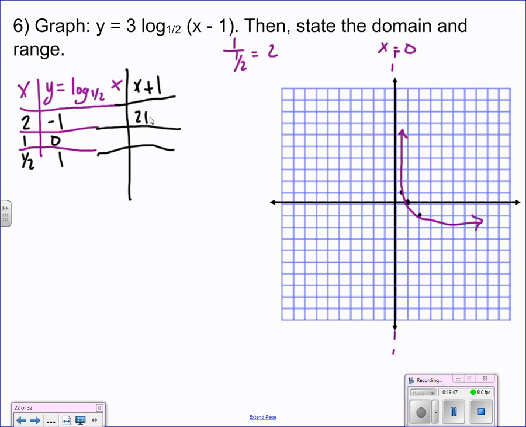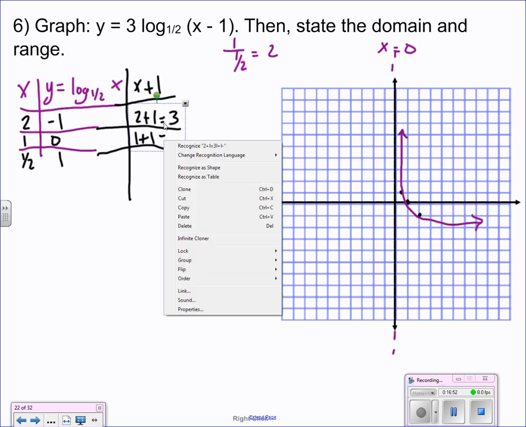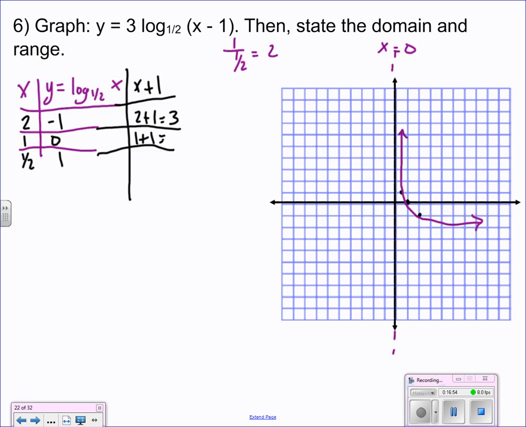So that's 2 plus 1, which is 3. That's 1 plus 1, which is 2. And 1 half plus 1, which is 3 halves. So these are our new x values: 3, 2, and 3 halves.